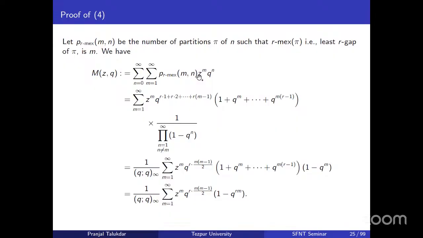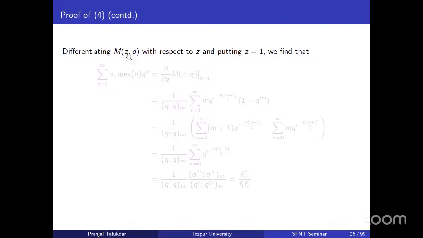This is actually a standard trick, which has been done in previous papers related to rmax. What we do is differentiate this double sum partially with respect to z, and then put z equal to 1.